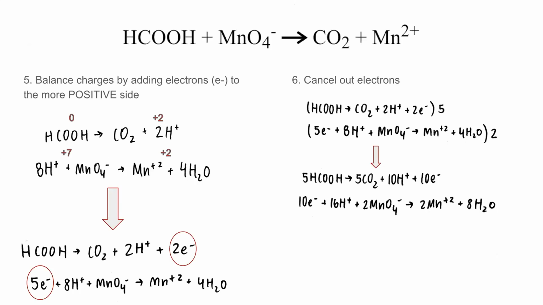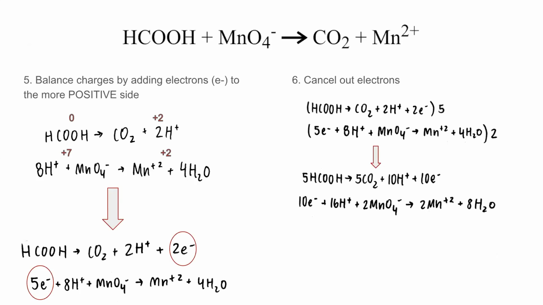This means that the overall charge is going to be +2 for the product side. Then same thing for our second half reaction. We have 8 H+, and 1 negatively charged MnO4 ion. So this makes our overall charge +7 for the left side. And then we have +2 charge on the other side.